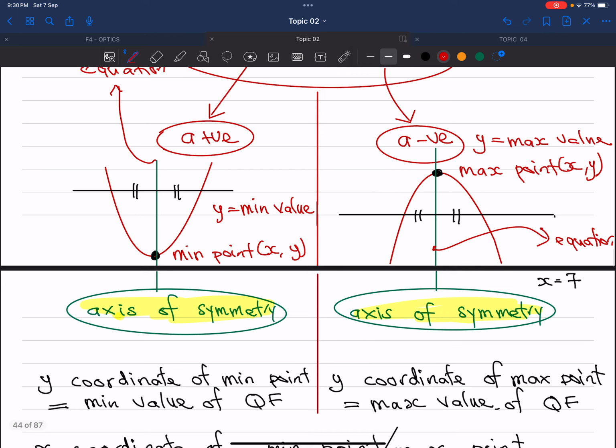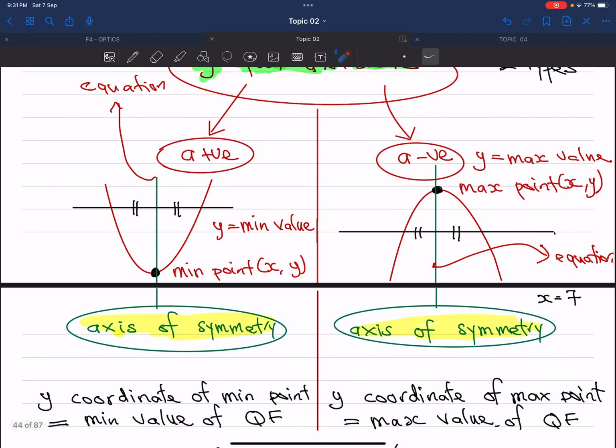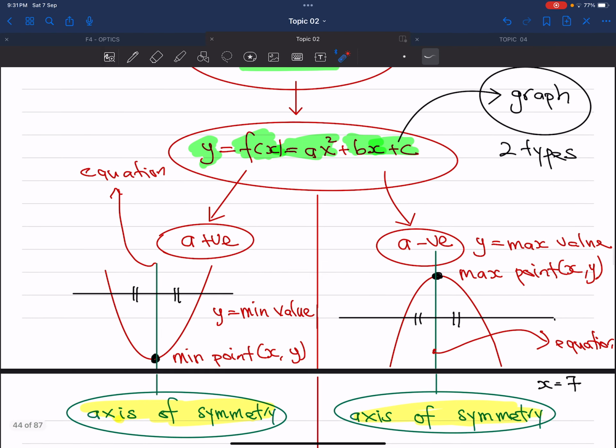Now the (x, y) coordinate of the minimum point and of the maximum point has a meaning: the y coordinate of the minimum point is the minimum value of the quadratic function. The y coordinate of the maximum point is the maximum value for the quadratic function.